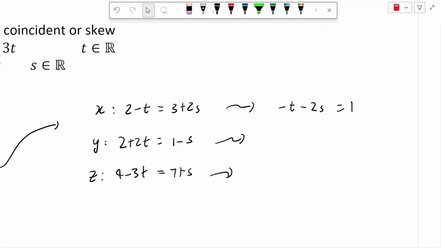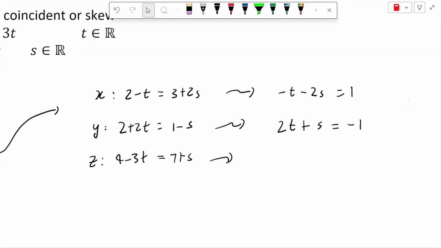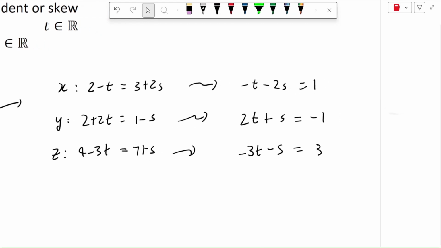Over here, we've got 2t, plus s, and then we've got -1. Then over here, we've got minus 3t take s is 3. Okay, so we'll call this equation 1, equation 2, and equation 3.